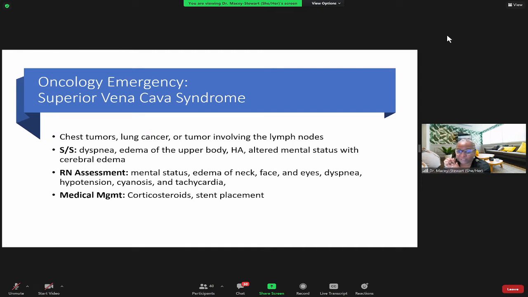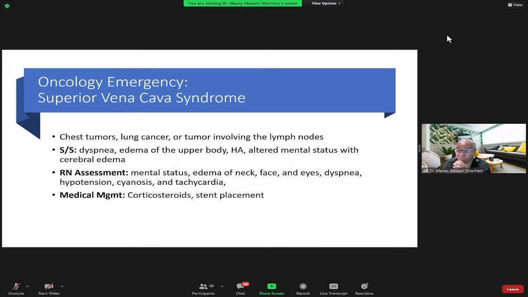Superior vena cava syndrome. You'll see this in lung cancer. You might also see this in breast, because this involves the lymph nodes, right? You remove the lymph nodes, you remove the filtration system. So superior vena cava, that's your heart, right? Vena cava, close to your heart. So you'll be short of breath.